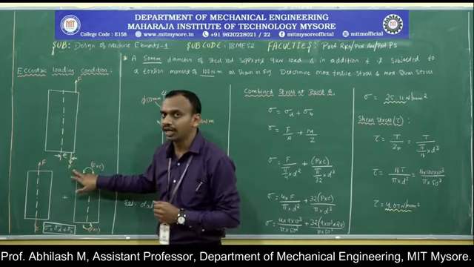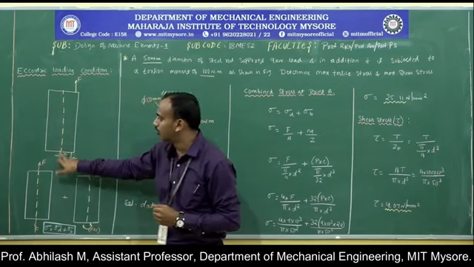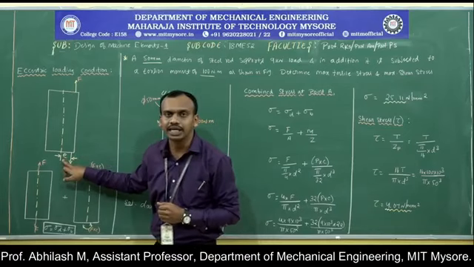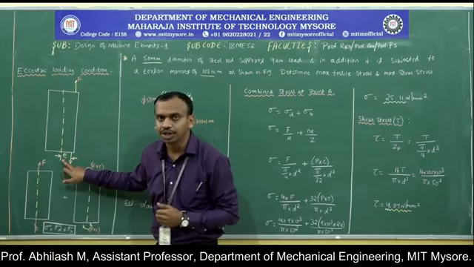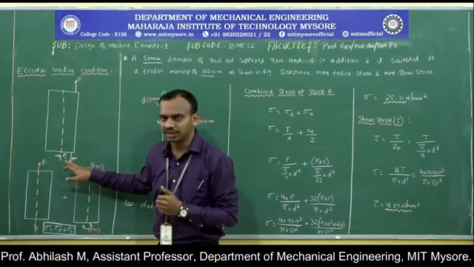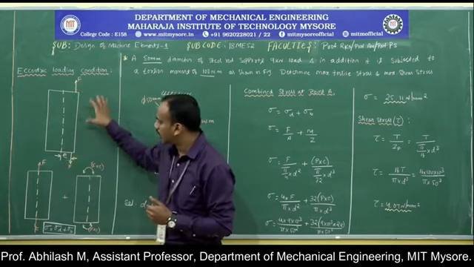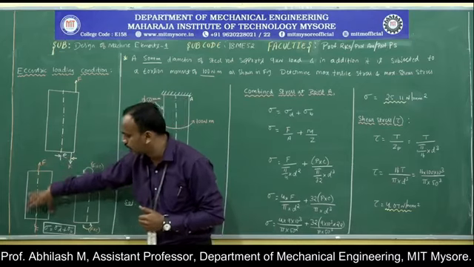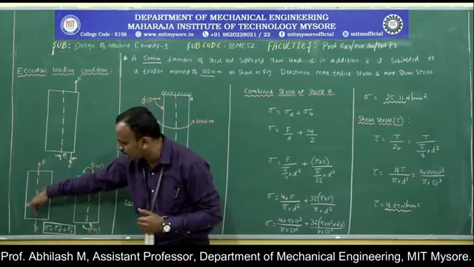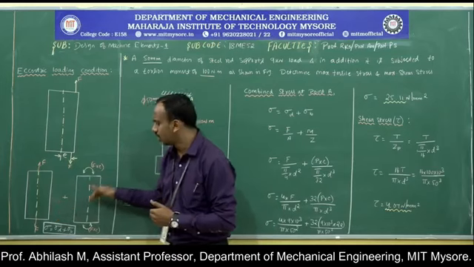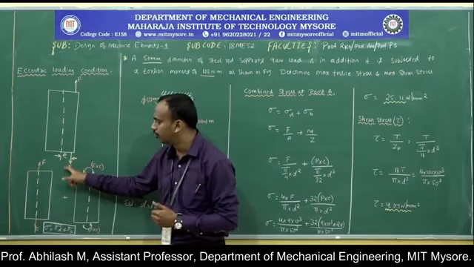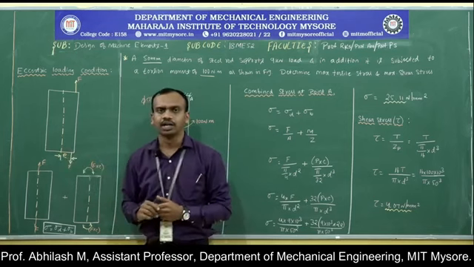The load is not acting along the axis of the member, it is acting at an eccentric distance of e. According to the principle of statics, we can resolve this eccentric load into the axial load acting along the axis along with a couple, that is because of this force into its eccentric distance.